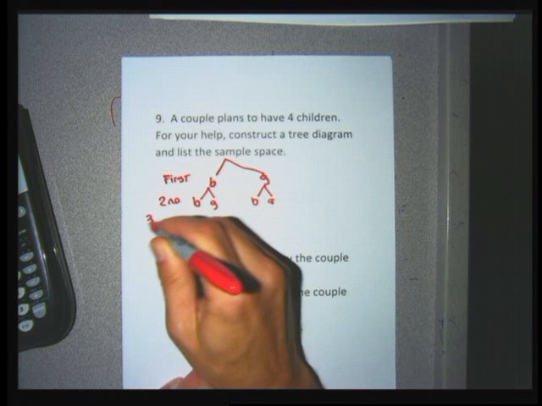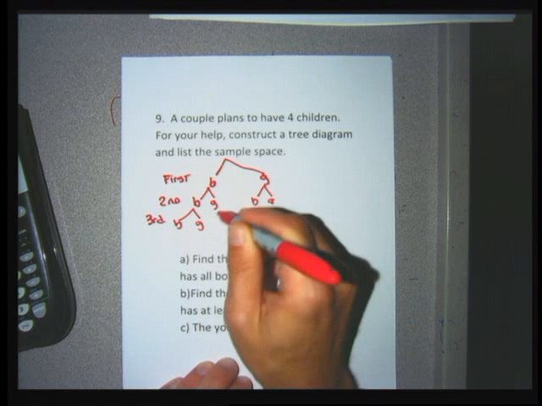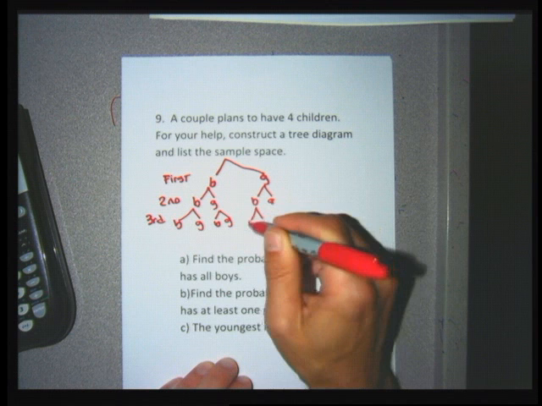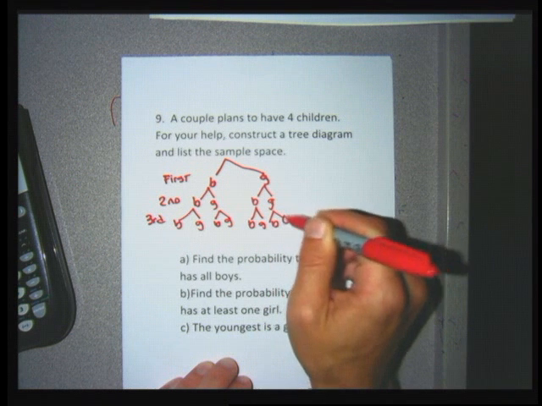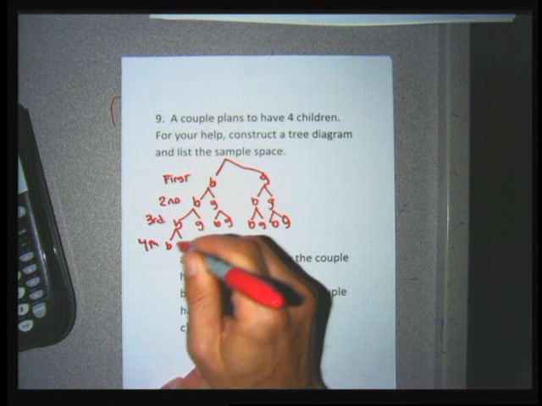The third, regardless of what the first 2 are, can be a boy or a girl. And the fourth, regardless of what the first 3 are, can be a boy or a girl.